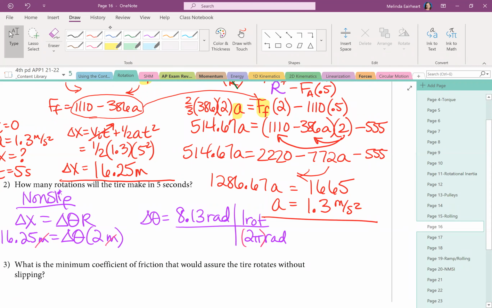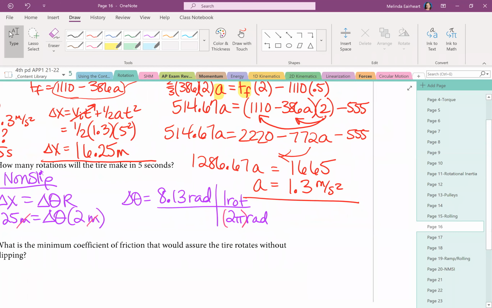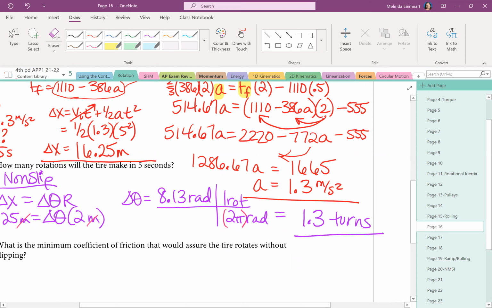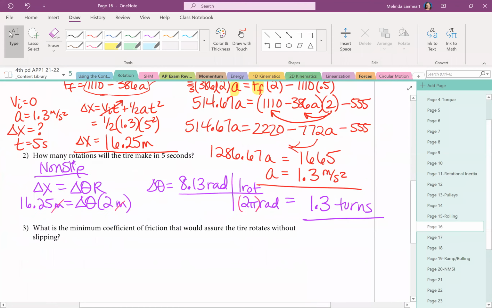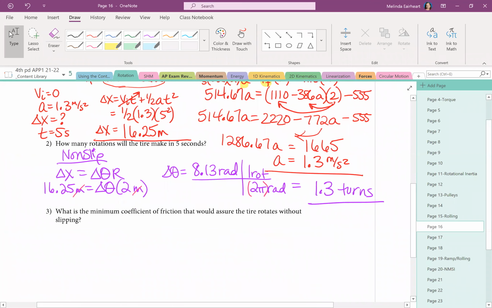And I get, wait, did I do that right? I got 1.3. Coincidence that the acceleration and number of turns match, I would not memorize that. Okay, but 1.3 turns. So 1 full revolution and a little bit more. So that part's pretty old.